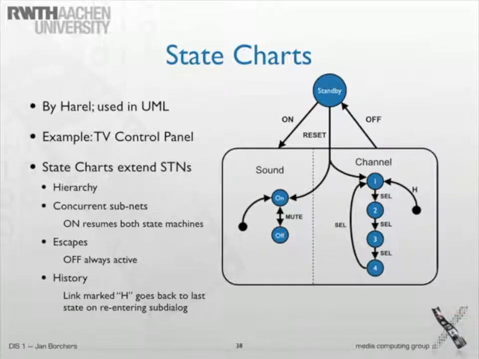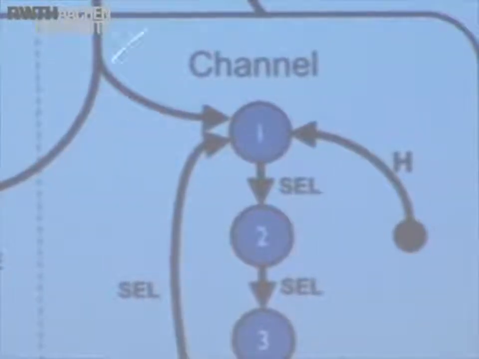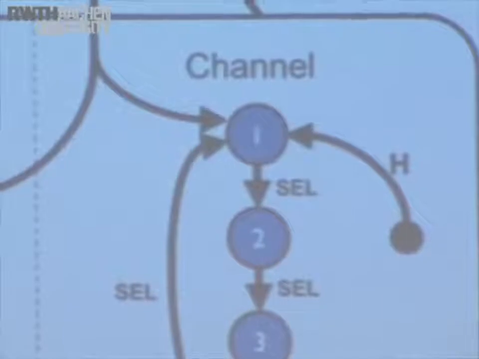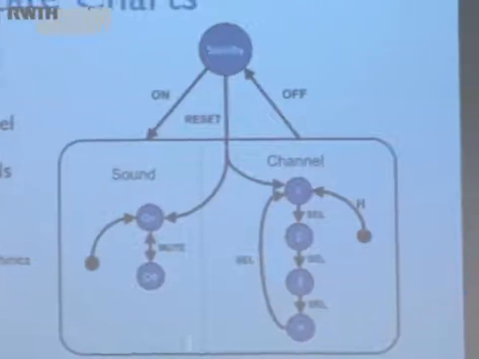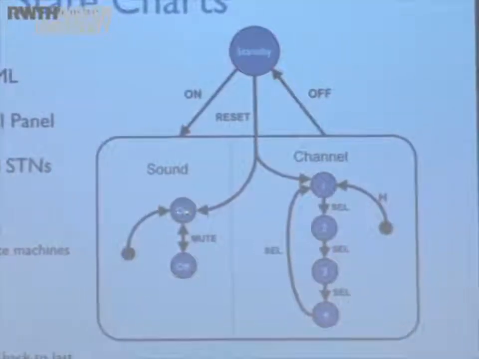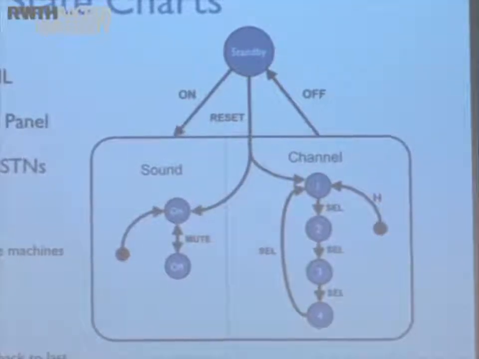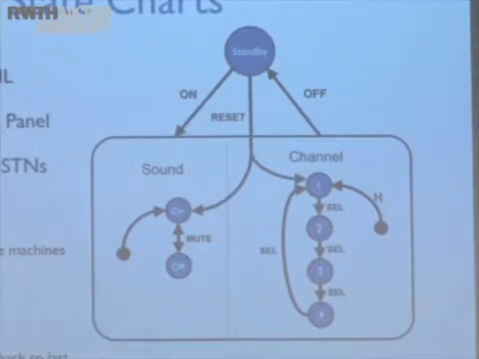The sound doesn't have that, which means if you turned on your TV and entered these two parallel running state machines, the sound state machine turned the sound on. It starts in the sound on state. Now, you may mute your sound and later turn off your TV. But the next time you turn your TV back on, what should happen? You're a designer now, right? You need to think about what should be going on when I turn on a TV that was muted before it was turned off.